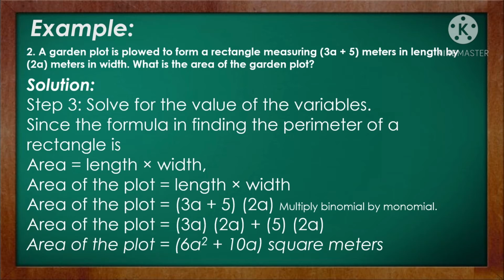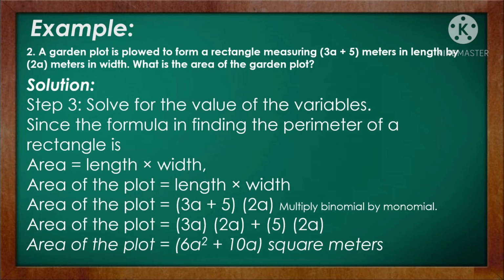Since the formula in finding the area of a rectangle is area is equal to length times width, we have area of the plot is equal to length times width. Substituting the values of length and width, we have the area of the plot is equal to quantity 3a plus 5 times 2a.